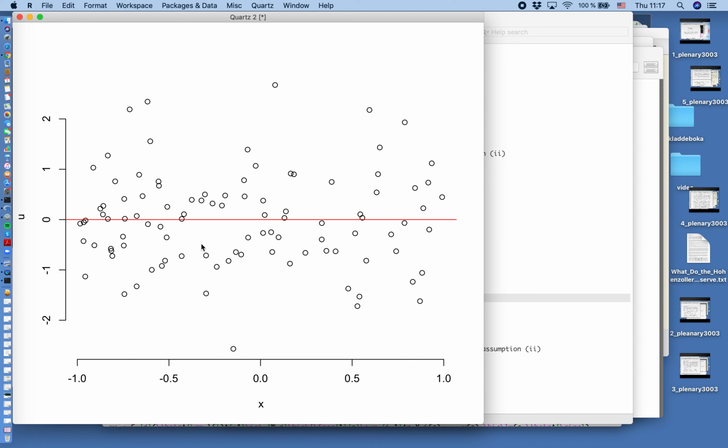There are just dots spread around, and we also see, and this is important, that the spread of these dots around the red 0 line is the same no matter where we find ourselves on the x-axis.